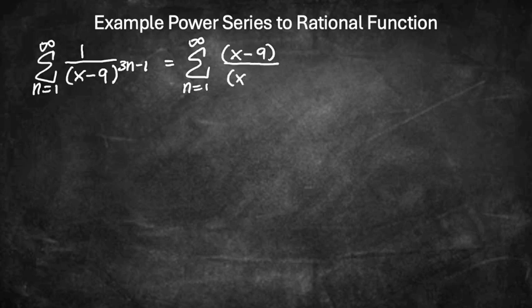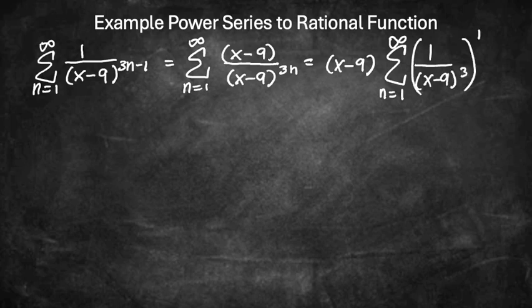So that's the first thing that we're going to do. Just using the power rules, I'm going to rewrite the series as n equals 1 to infinity of x minus 9 all over x minus 9 to the 3n. Then, because that x minus 9 in the numerator does not have any n's in that expression, we are going to pull that x minus 9 out in front of the series.